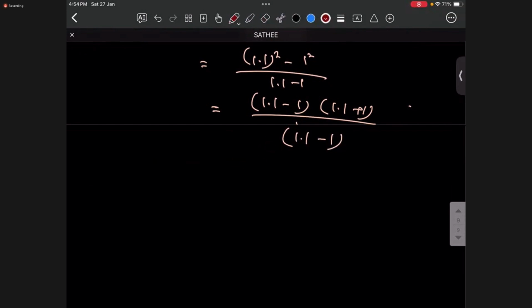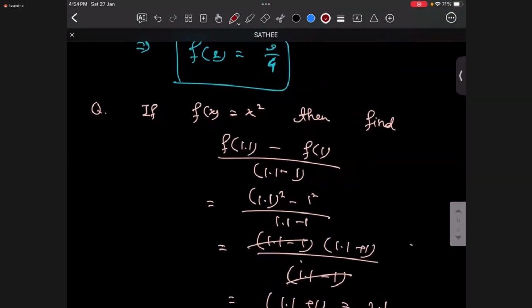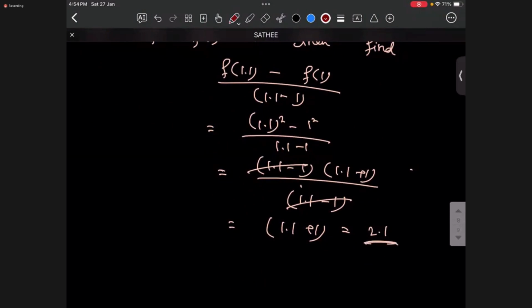Now clearly we can cancel these two parts, and we are ultimately left with 1.1 plus 1, which means 2.1. So the value of this is 2.1.